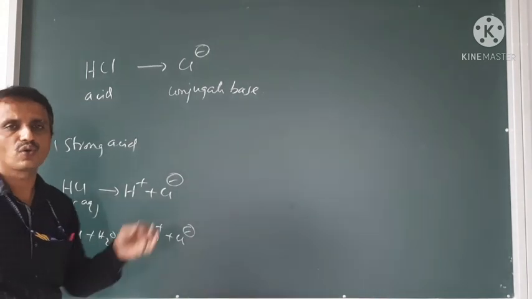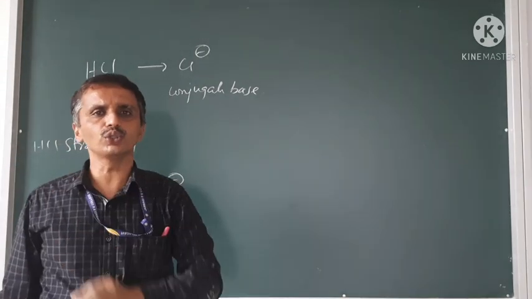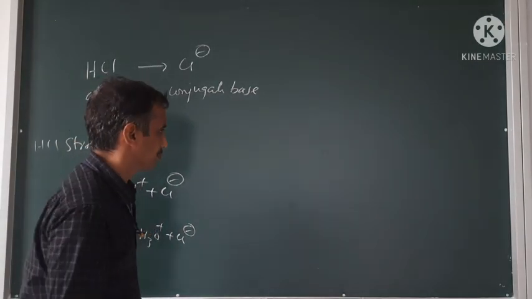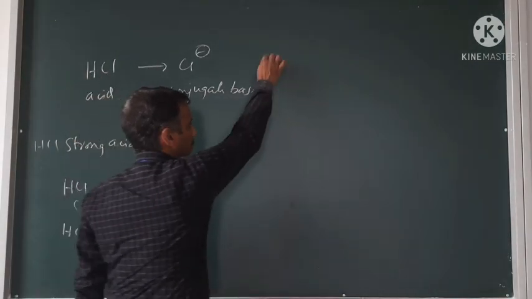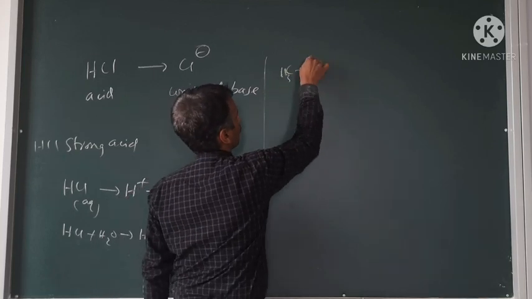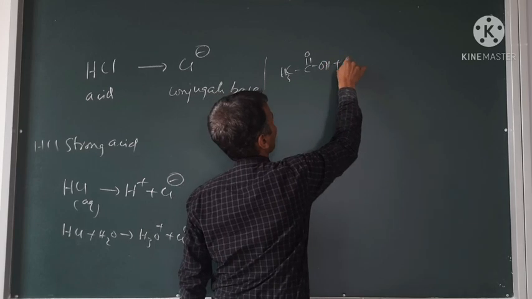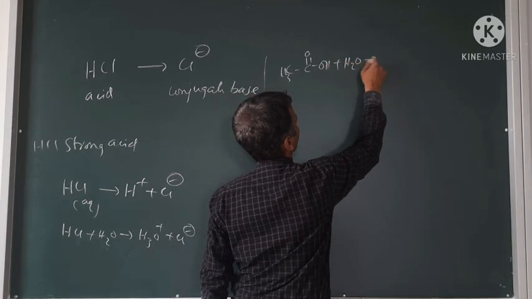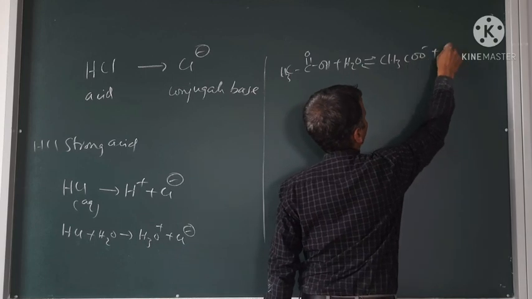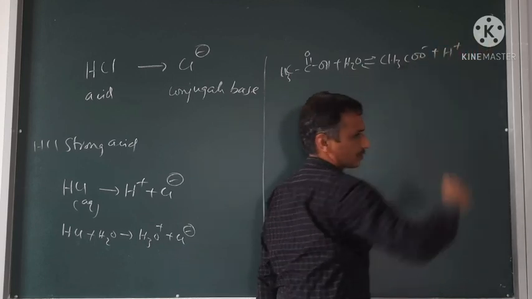Such substances which ionize completely in solution are called strong electrolytes. Take this example, CH3COOH. When dissolved in water, it gives CH3COO minus and H plus.